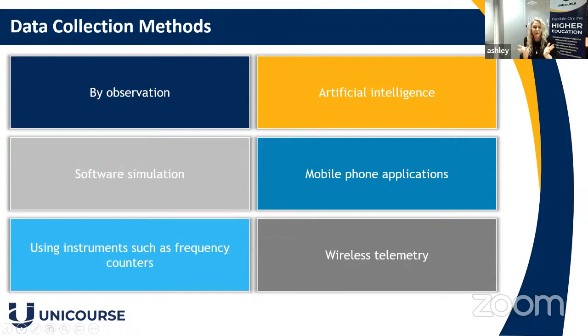So an example could be to measure pulse or respiration of a patient. So you might be able to gather data such as, if you wanted to know the variables in, say, a diabetic patient and the height and the weight, you could pull data from wireless telemetry, and maybe use a software simulation as well, to pull that data to see if there's any trends there.